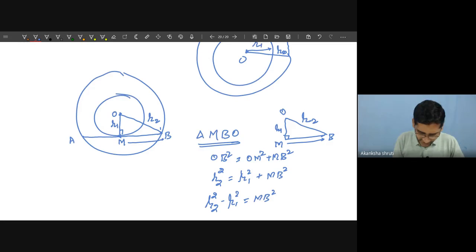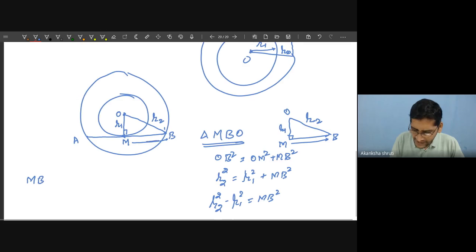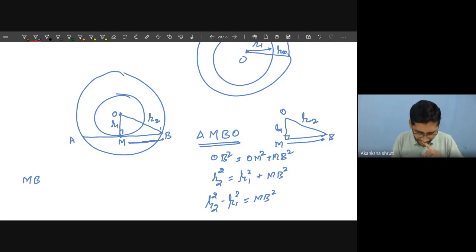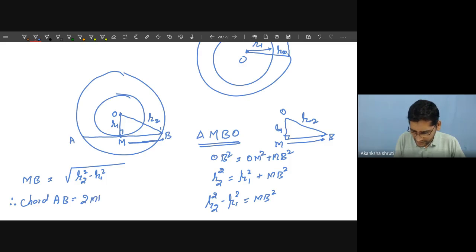So this MB, half of the chord length, can be determined by taking the square root of R2 square minus R1 square. The values will be given, you will put them in and calculate by the same method. Therefore, the chord AB is equal to twice MB. It is obtained by substituting R2 square.